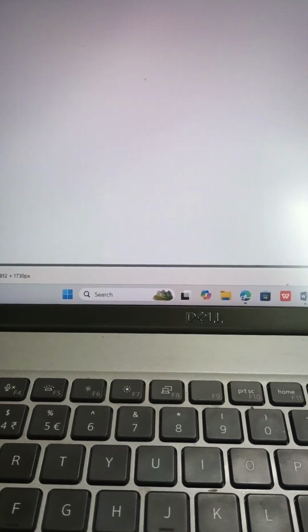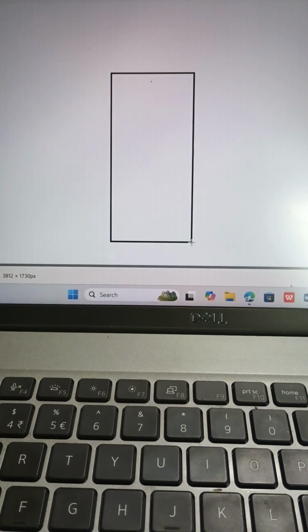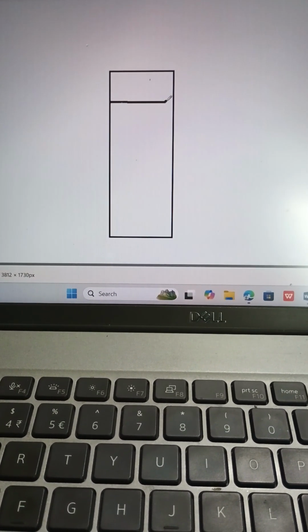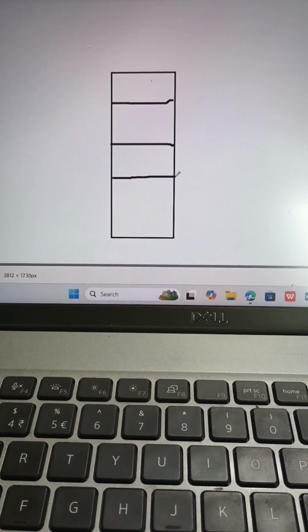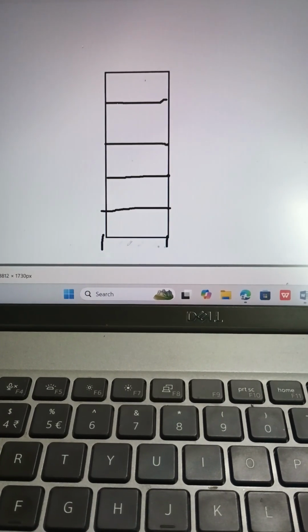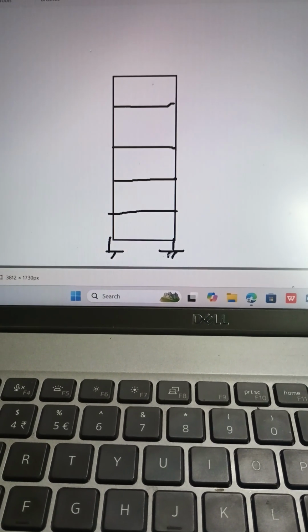We have a building here, right? And suppose I have some levels here. Suppose this is a base of a building.